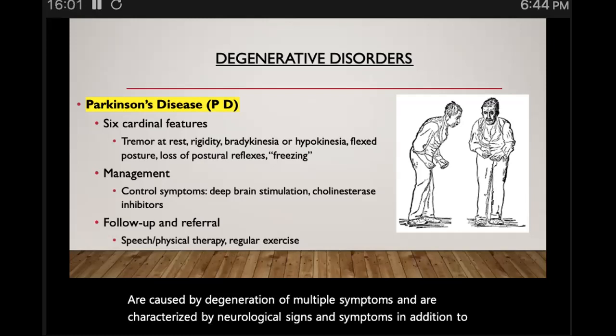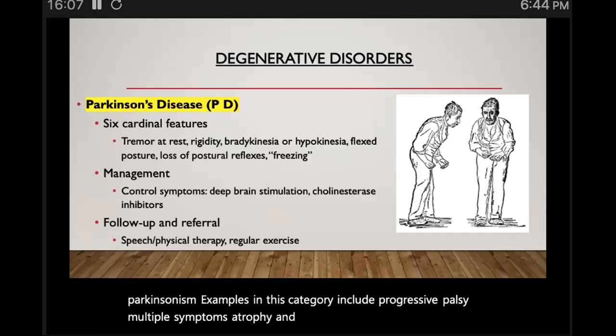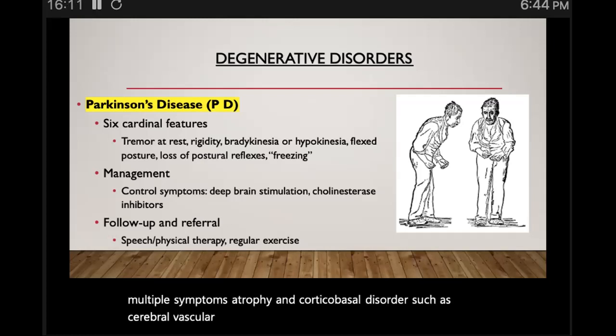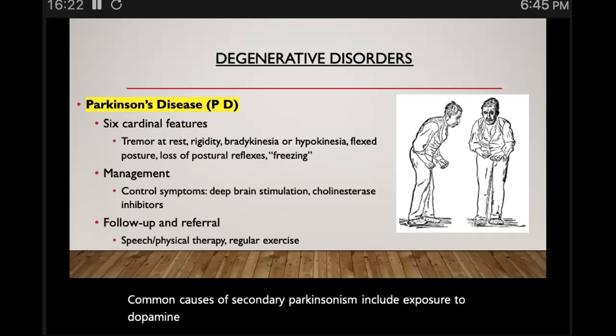Examples in this category include progressive supranuclear palsy, multiple system atrophy, and corticobasal degeneration. Secondary Parkinsonism has causes such as cerebrovascular disease, drugs, infections, trauma, or exposure to toxins. Common causes of secondary Parkinsonism include exposure to dopamine blocking medications such as antipsychotics or antiemetics.